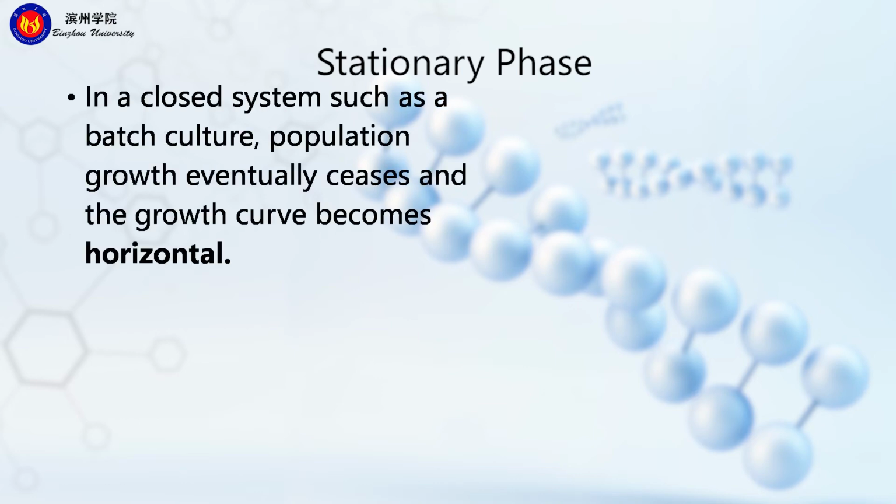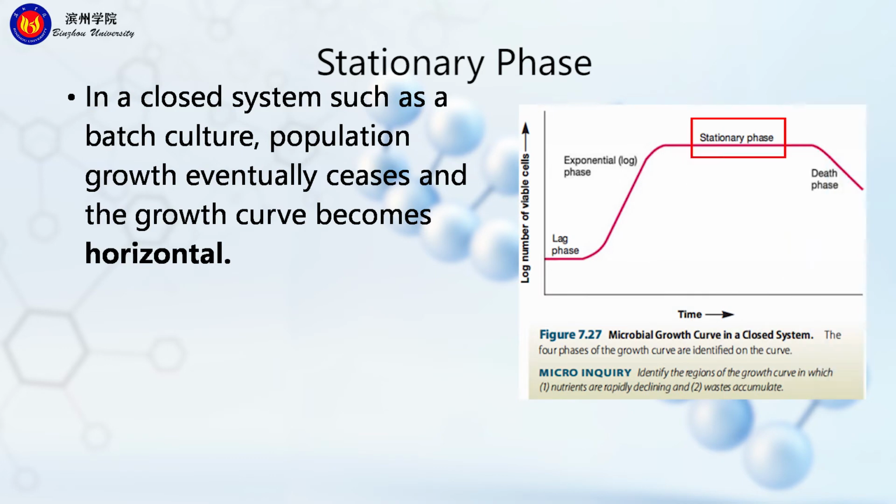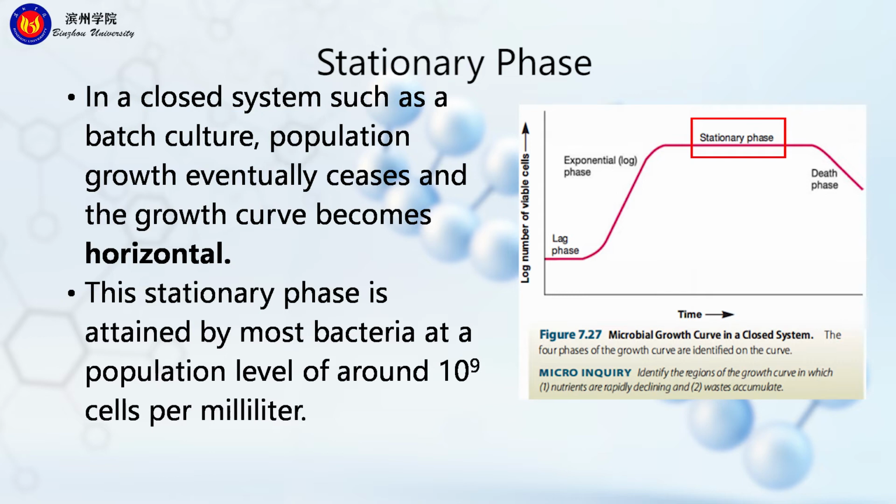The third phase is stationary phase. In a closed system, such as a batch culture, population growth eventually ceases, and the growth curve becomes horizontal. You can see the stationary phase on the picture. This stationary phase is attained by most bacteria at a population level of around 10 to the 9th cells per milliliter.